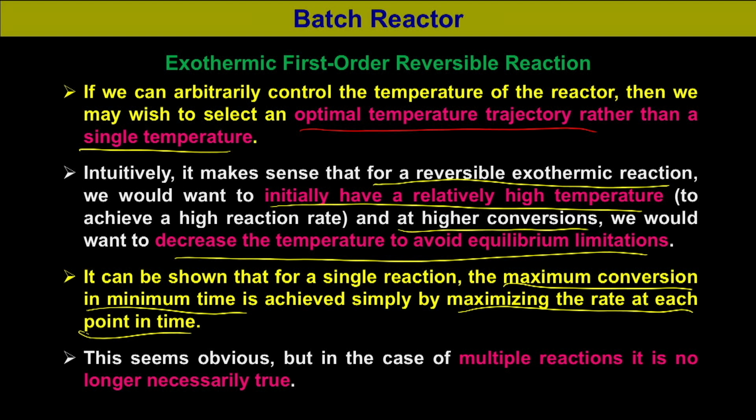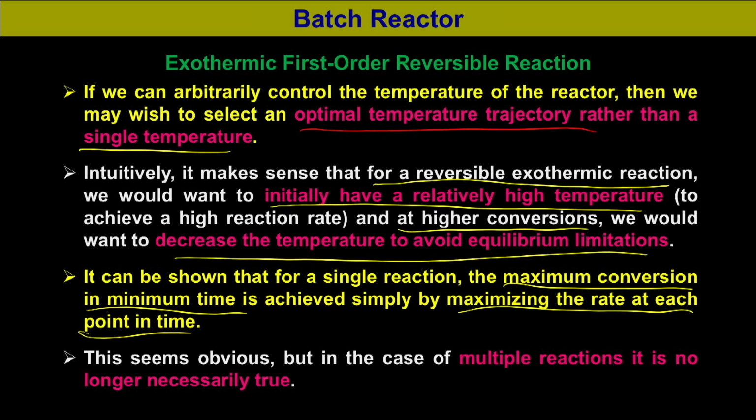Now, instead of finding a fixed optimum temperature, that is at one temperature to run the reactions, for a reversible exothermic reaction, that is sometimes not possible to obtain the highest conversion in minimum time. So, it is better to use arbitrary temperature control.